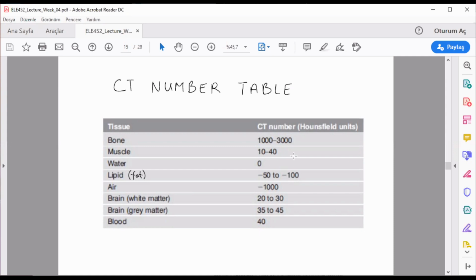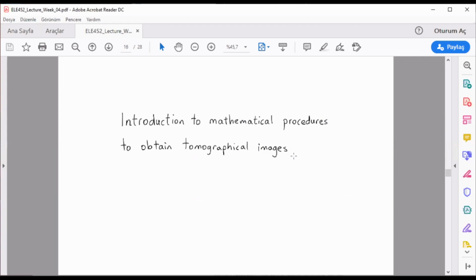And air, which is in the 5th row, does not attenuate X-rays, so it's completely below, that's minus 1000. Water, as the formula indicates, has 0, so that's a kind of reference. The other tissues are, you see, in the 10s or 30s or 45s, etc. And these numbers create the X-ray contrast.